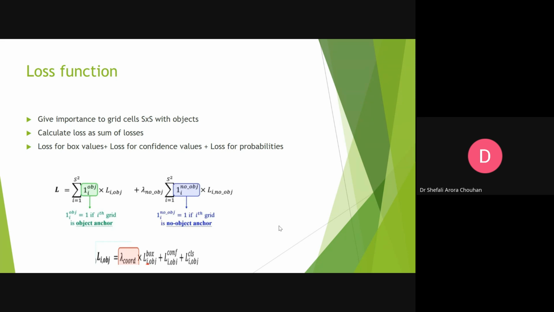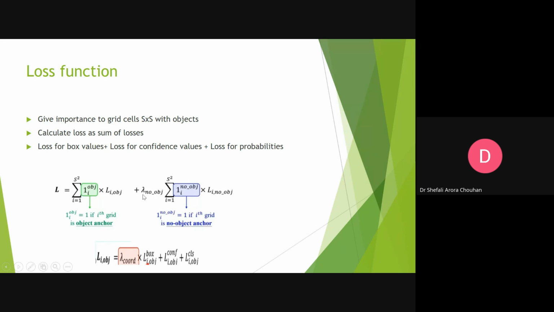Here in YOLO, you have to find the loss, which will be the sum of bounding box loss, confidence values, and the class probability loss. So ideally, if I talk about the bounding box loss, if an object is there, we can keep a 1 and multiply with it. And if an object is not there, again 1 into the loss when object is not present.